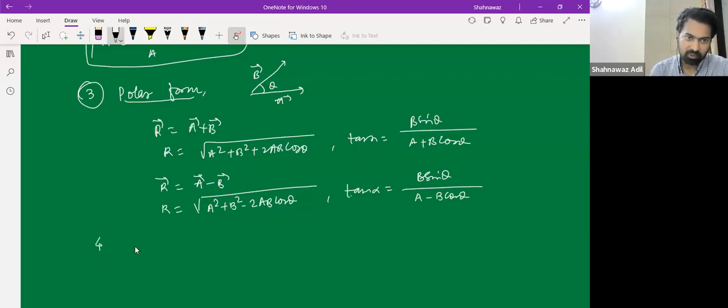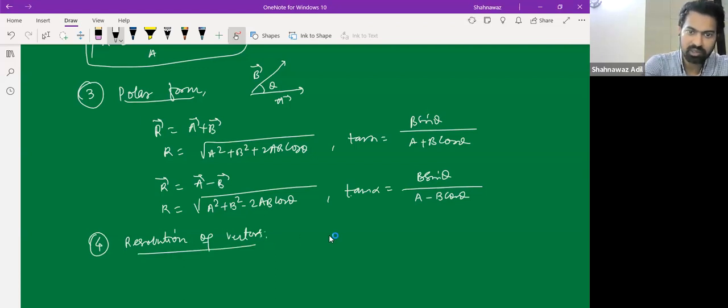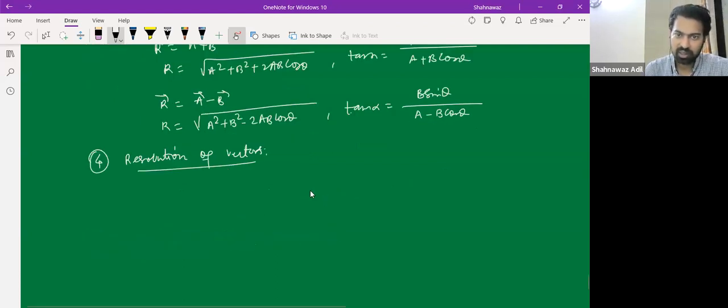And then fourth one, we learned about this resolution of vectors. So in the resolution of vectors, we understood that we can write any vector which is at angle theta in the rectangular form, meaning x component, y component.